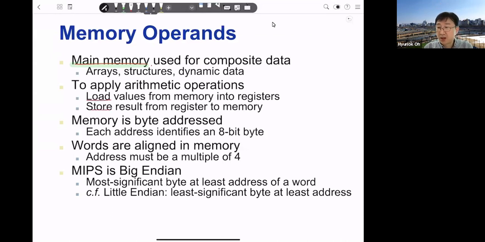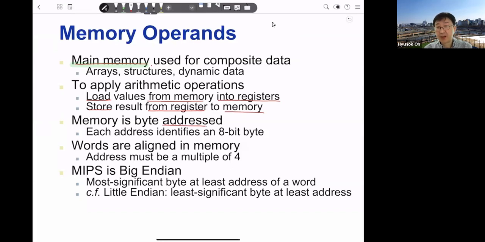Load instruction loads a value from memory to the register, and store instruction stores the result from register to memory. And then to access the memory, we have to give an address.